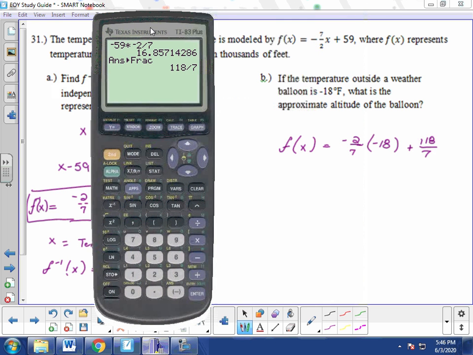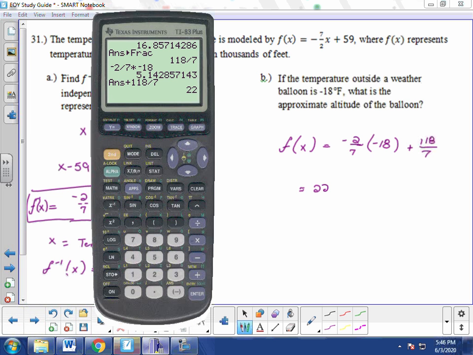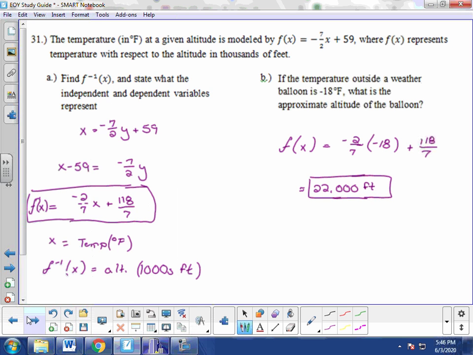So negative 2 divided by 7 times negative 18 plus 118 divided by 7. And this would be the altitude in thousands of feet, so 22,000 feet exactly. So when you take the inverse, make sure that you realize that you are switching independent and dependent variables.